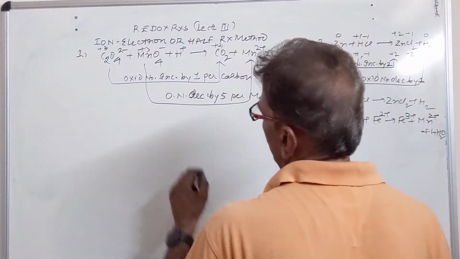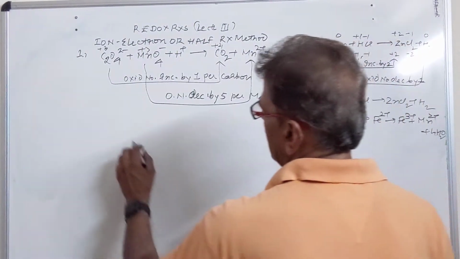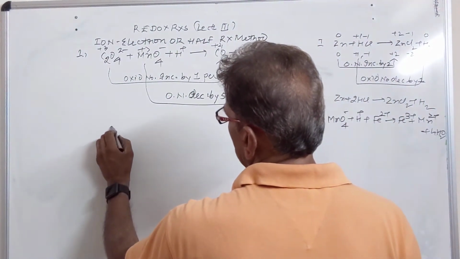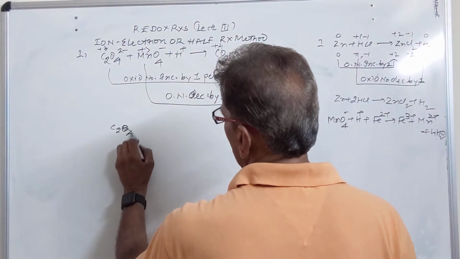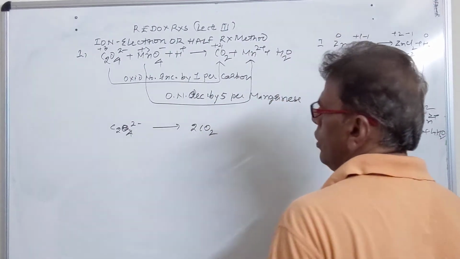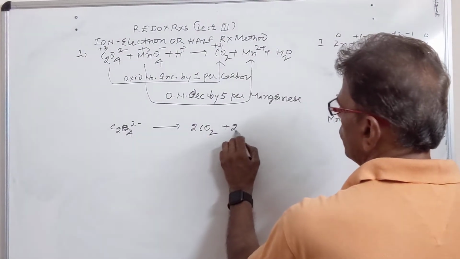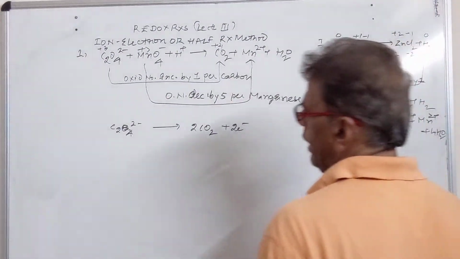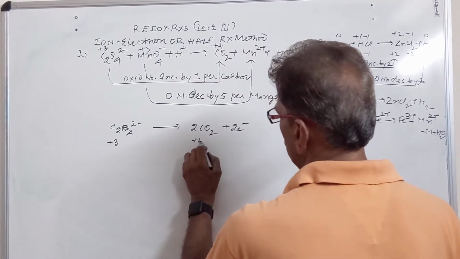First of all, we'll be separating these two reactions. So the first reaction will be C2O4 2 negative changes into 2CO2, and it loses 2 electrons. Here the oxidation number of carbon was +3, it is in +4 state here.